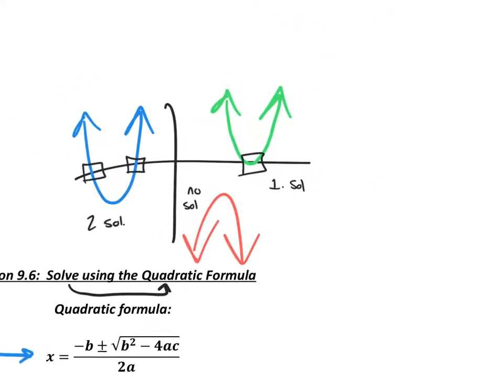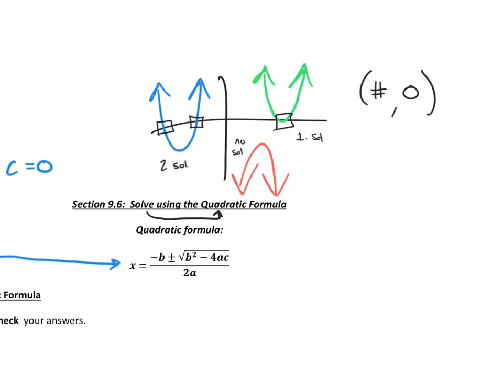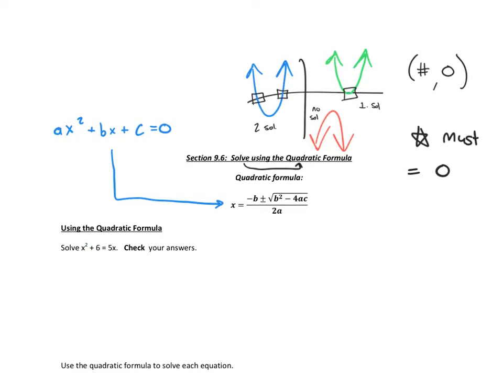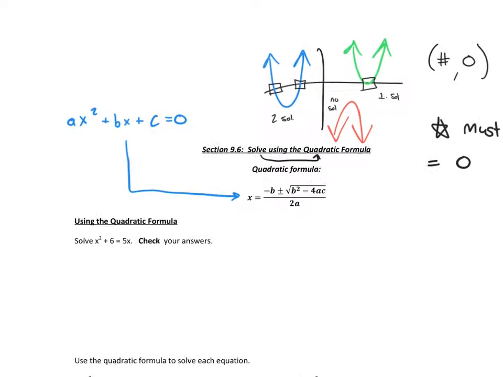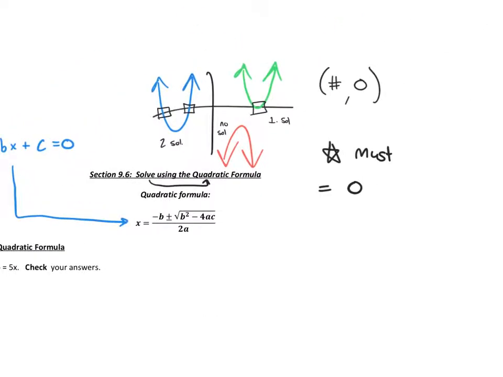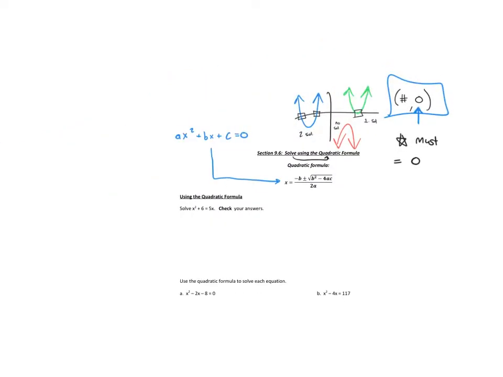Now, all these solutions, these x-intercepts, are a coordinate point, and it's a number, comma, 0. Which means if we want to use the quadratic formula, we must equal 0. I went ahead and made the first example here a scenario where we're not equal to 0. We always must be equal to 0 because we're looking for the x-intercepts, where the y-coordinate is 0.